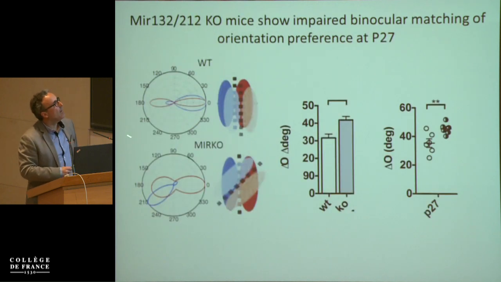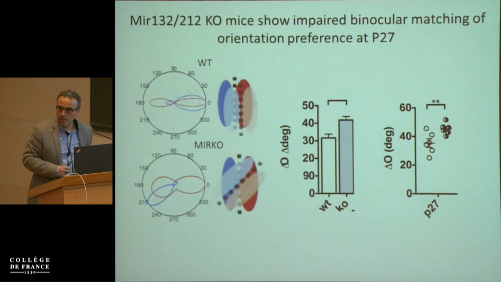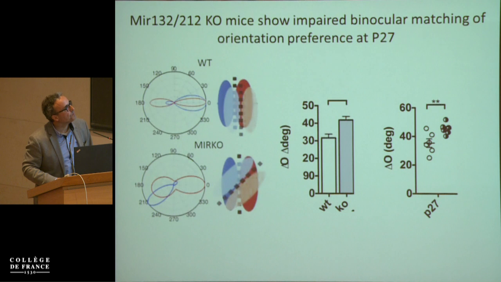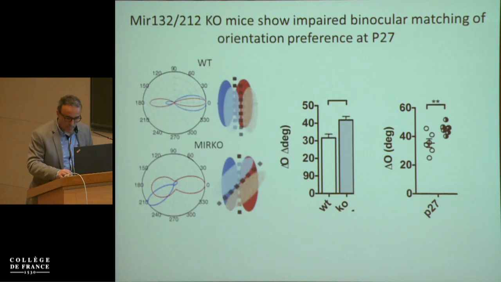But when we analyze orientation preference between the two eyes, you see that the angle preferred by the left or right eye in a wild type is aligned. This is a P27 animal. While in the knockout, you have this difference in the preferred orientation. So this process of binocular matching is altered in this knockout.